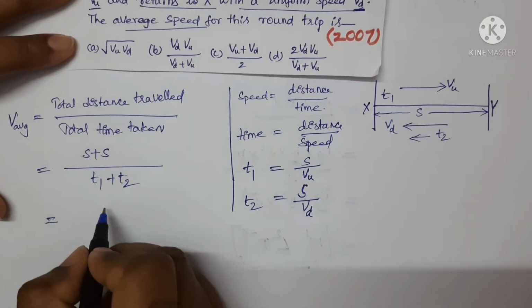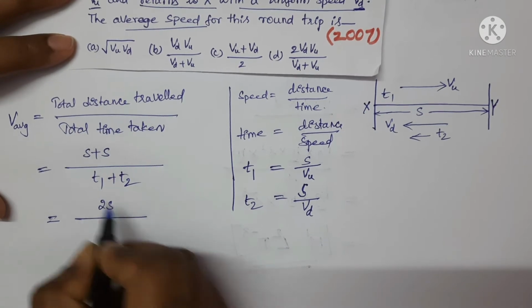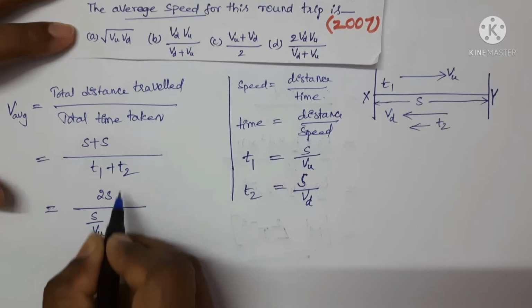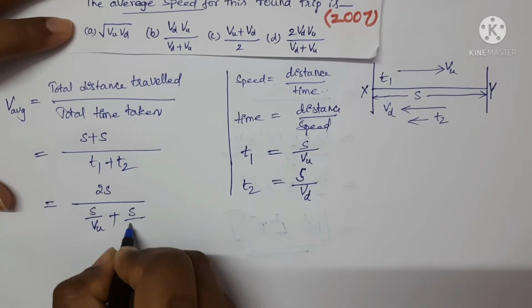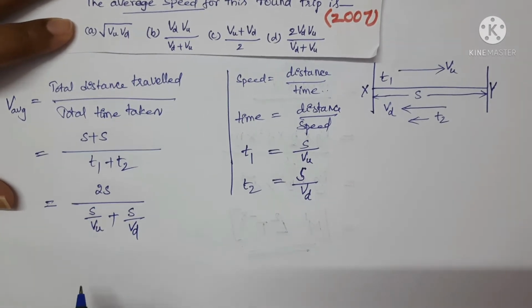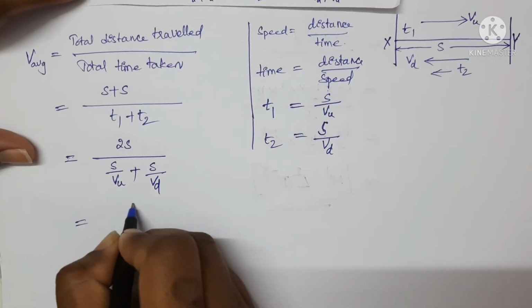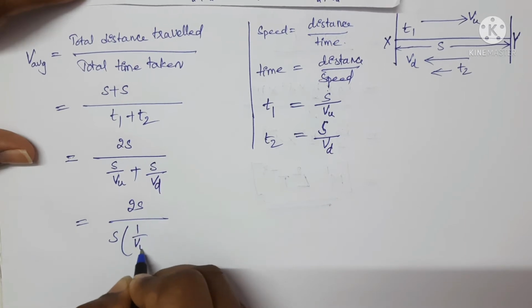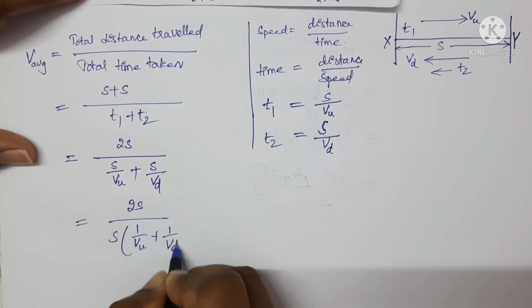S plus S is 2S upon T1 value is S by Vu and the T2 value is S by Vd, which is equal to, now take the S as common here, 1 by Vu plus 1 by Vd.